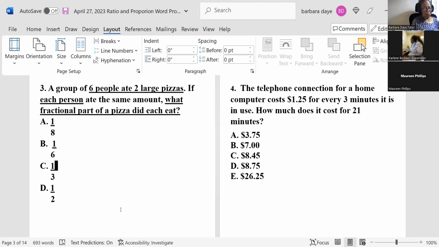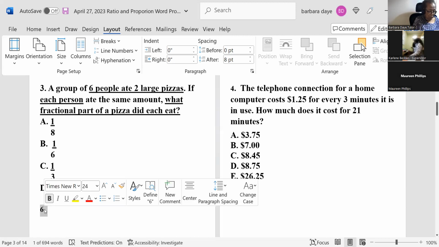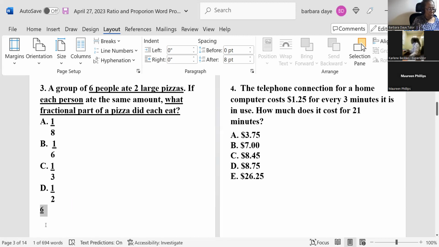If you had to set up a ratio and proportion, one ratio is 6/2, right? Yeah. What would that be equal to? 6/2 is 3. 6/2, that's one ratio, 6 people.